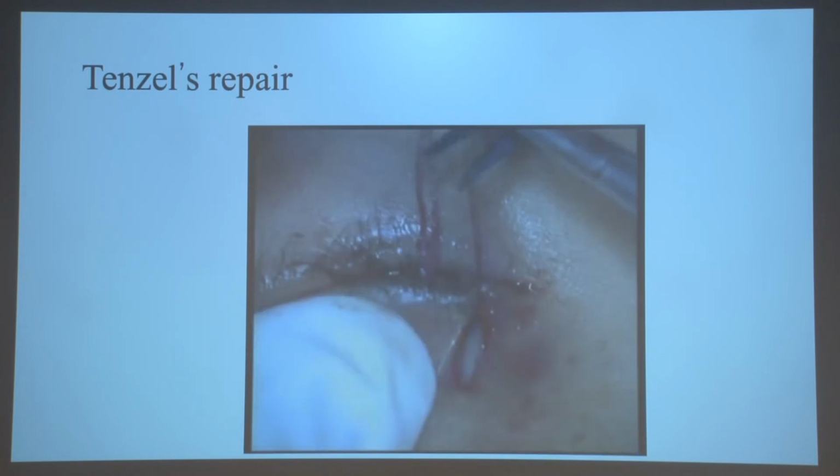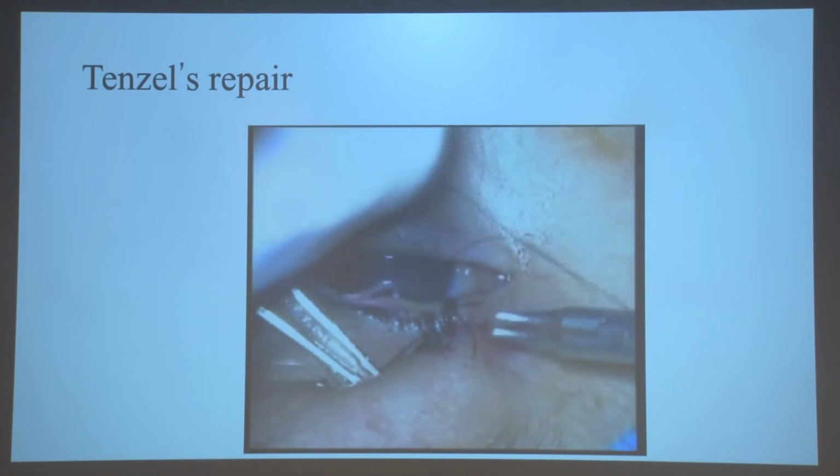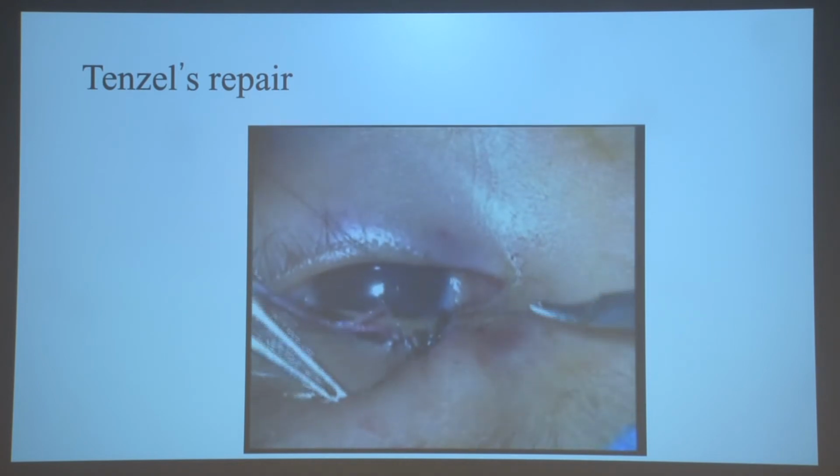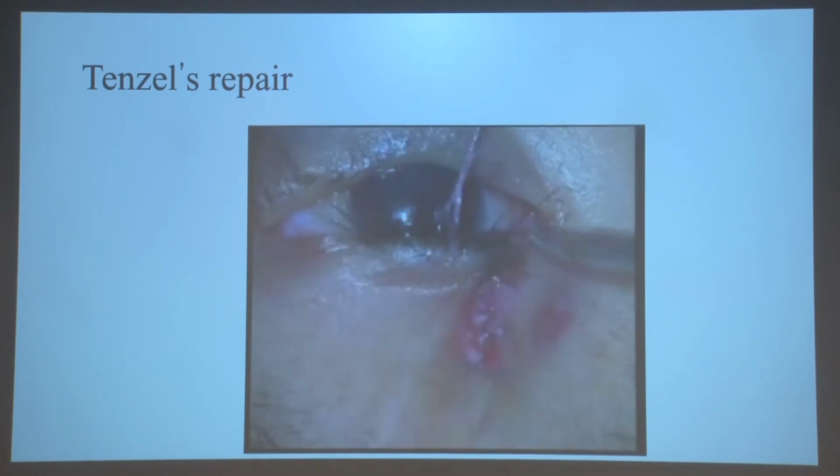So 3 millimeter vertical mattress sutures, 3 millimeter and 1 millimeter coming back on the same side, with 3 sutures just behind the gray line, anterior and posterior.